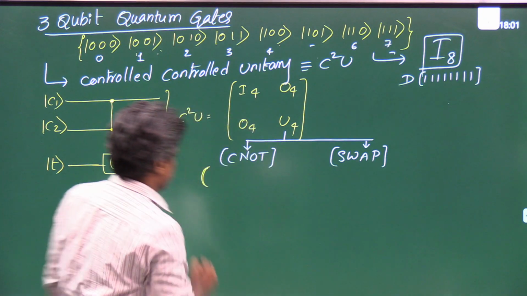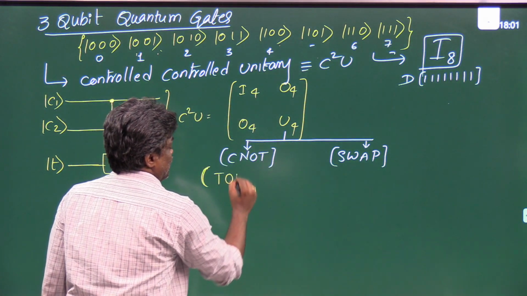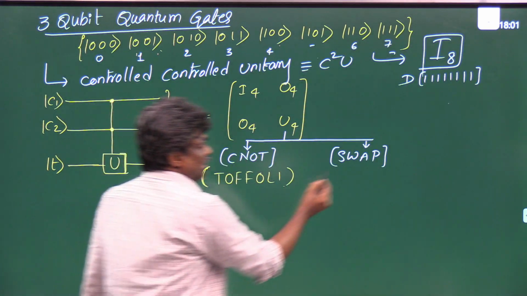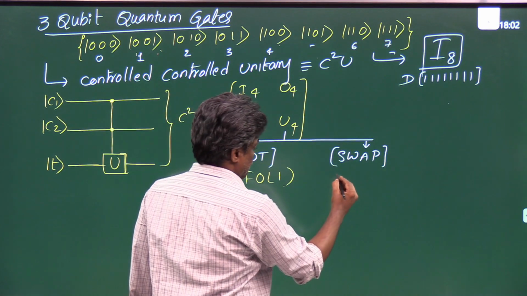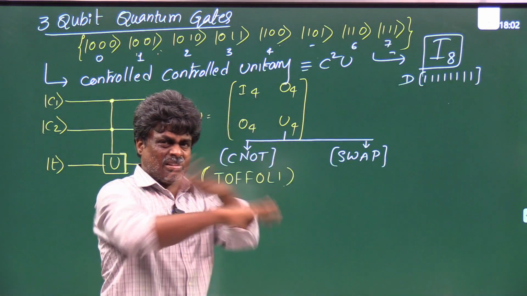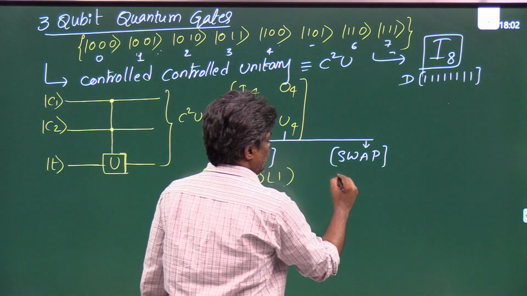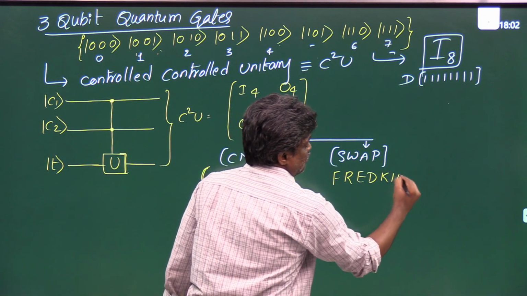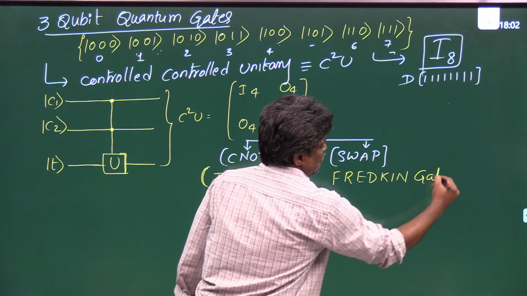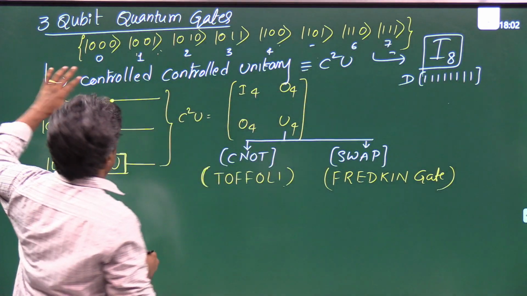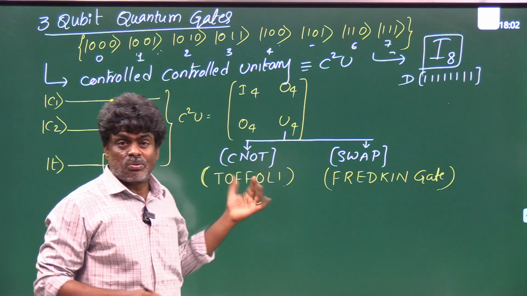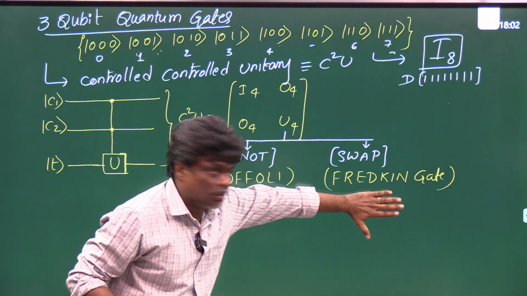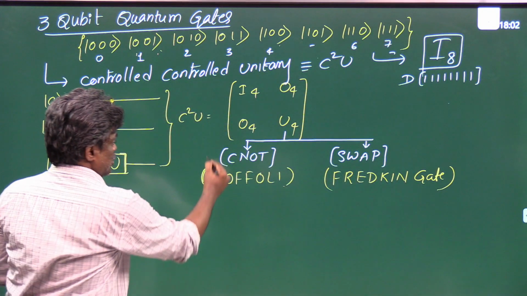Yes, this is called Toffoli. And if you replace this U with the swap gate, swap meaning interchanging, this is called the Fredkin gate. So there are three qubit quantum gates: one is a Toffoli, another is a Fredkin. Because I didn't explain this, you don't know about Fredkin. Just leave it and come to this Toffoli.